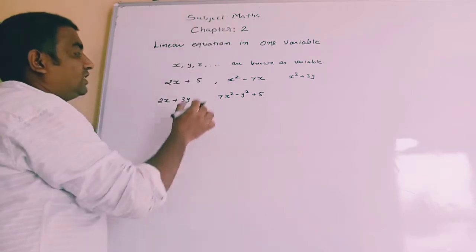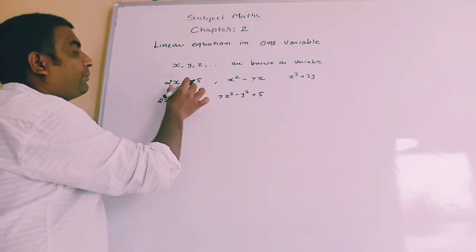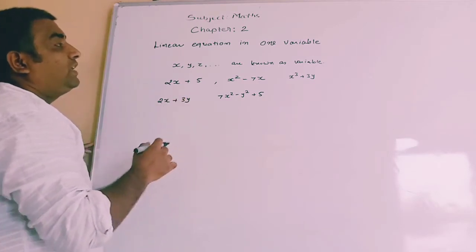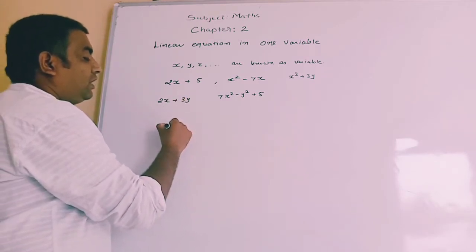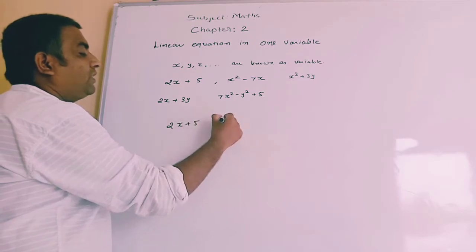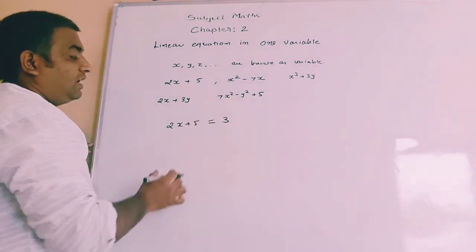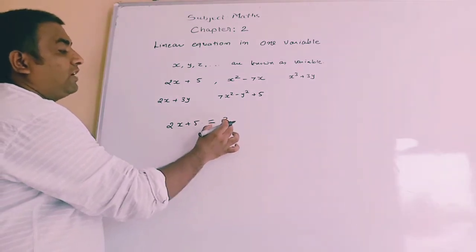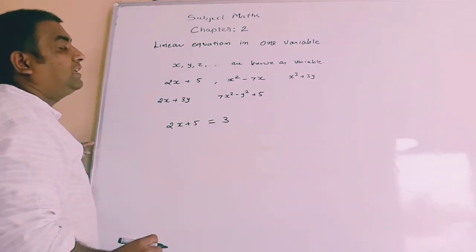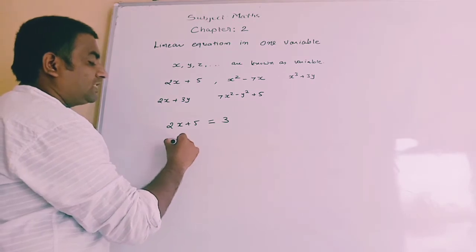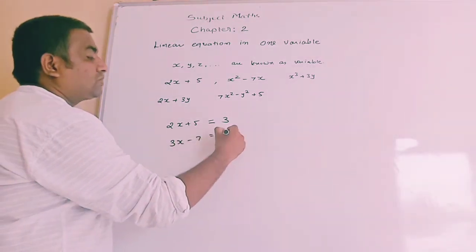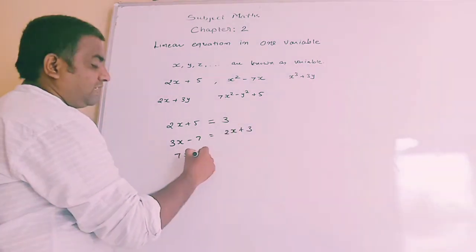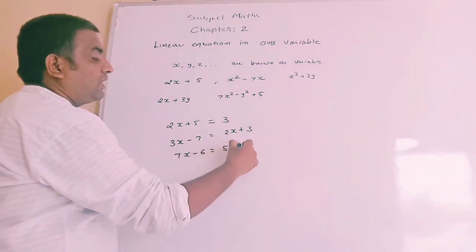And equation, so whenever an algebraic expression is compared with another algebraic expression or a constant value with an equals to sign, for example 2x plus 5 compared with 3 with an equals to sign, it converts into an equation. So an algebraic expression equated with a number or another algebraic expression, like here 3x minus 7 is equals to 2x plus 3, 7x minus 6 is equals to 5x minus 3.